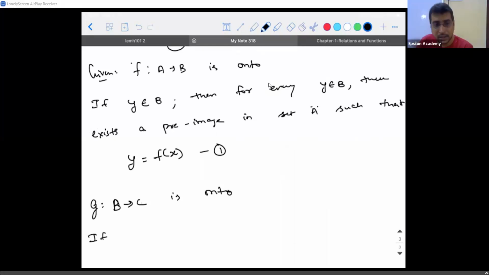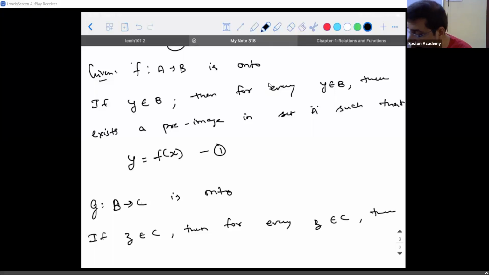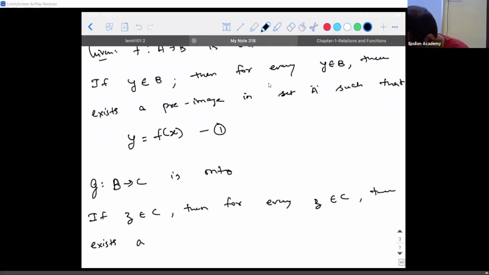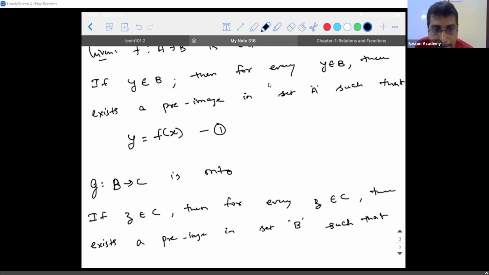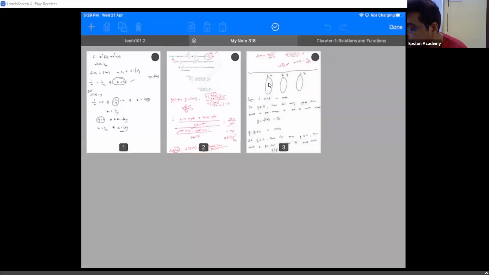So what we need to consider: if there is some element z that belongs to the set C, then for every z that belongs to C, there exists a pre-image y in set B such that g of y is z.